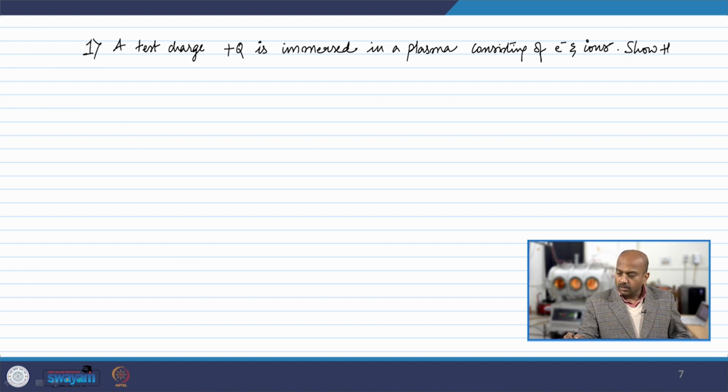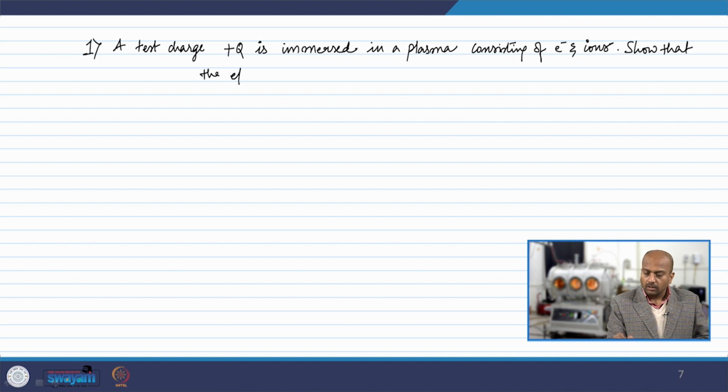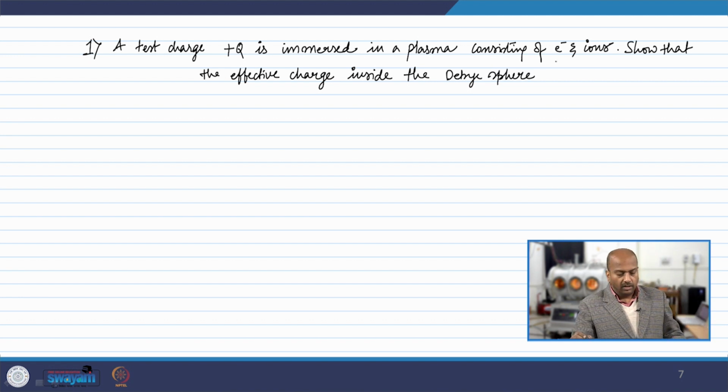Show that the effective charge inside the Debye sphere, because of all the shielding, cancels the test charge.